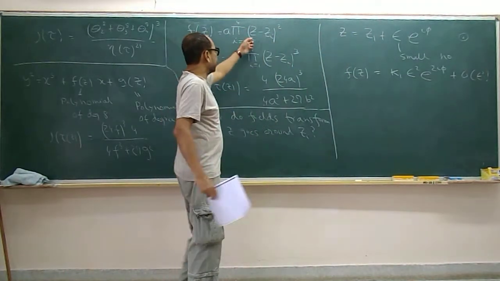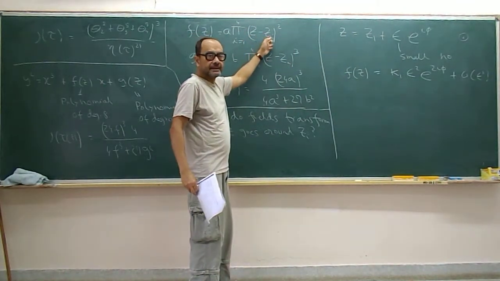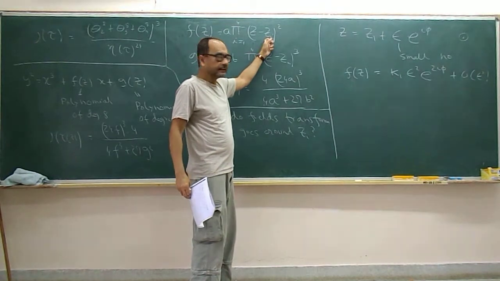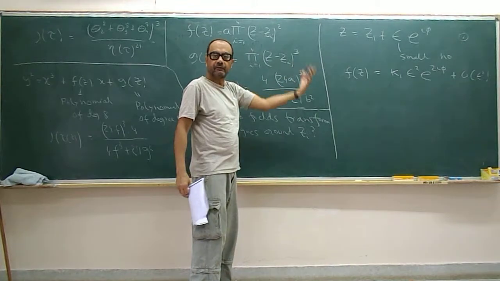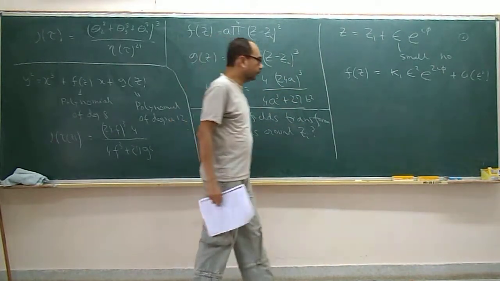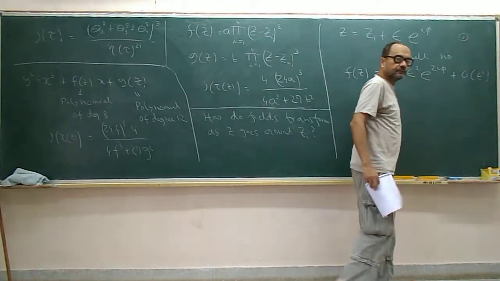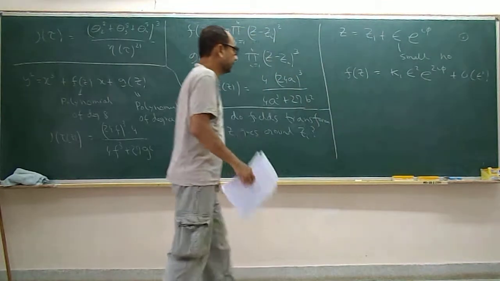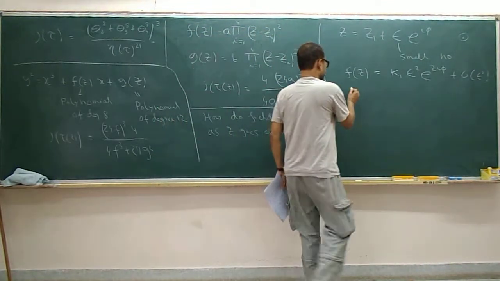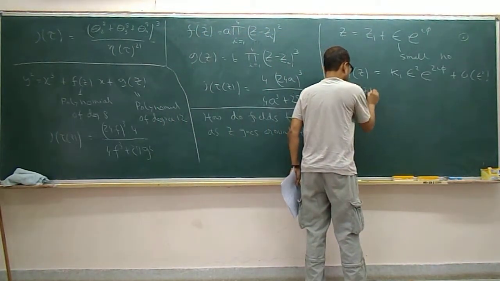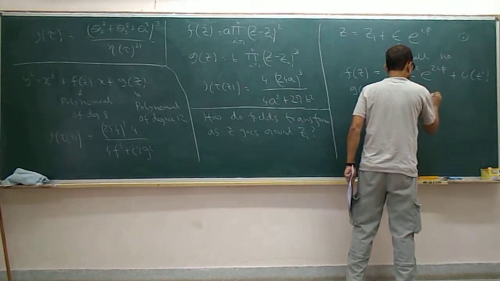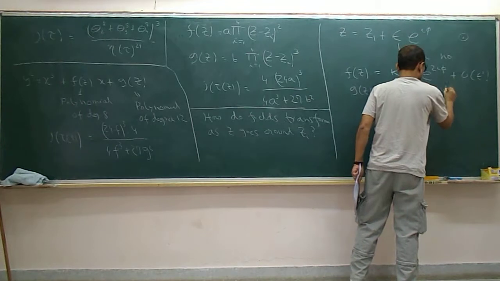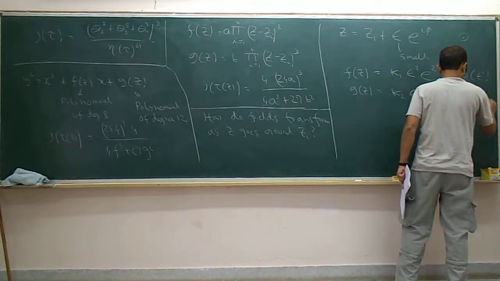Because the leading term will come from the (z minus z1) whole squared factor, that gives epsilon squared e to the 2i phi. Then (z minus z2) whole squared will give further corrections, which I have not included. So this is how to get the leading order. Similarly, g of z would be some other constant k2 epsilon cubed e to the 3i phi plus order epsilon to the 4.